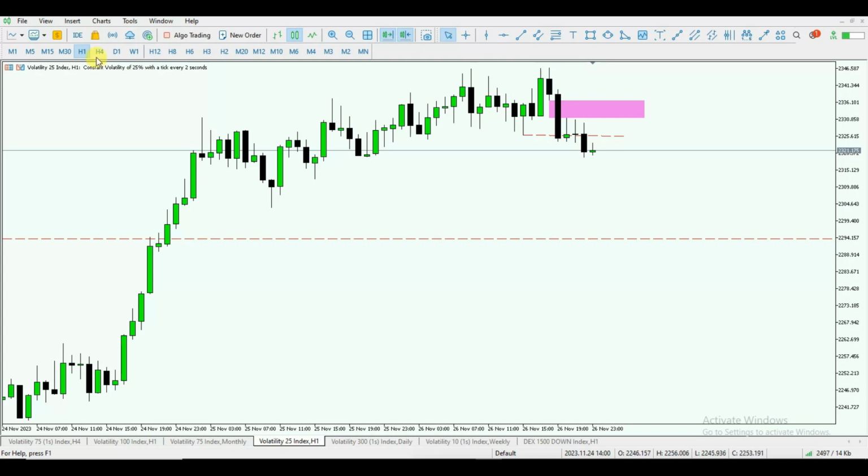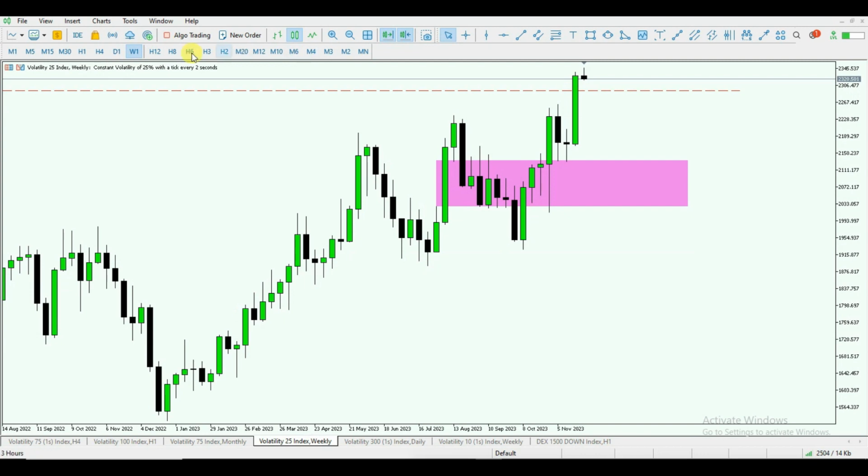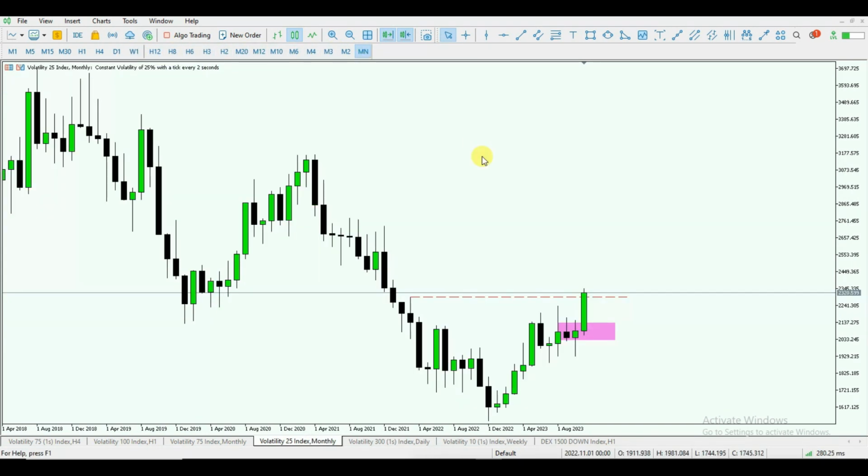So on the weekly, my opinion for the week is that we are looking for lower prices within this week, insofar as we've had price on the monthly time frame trading into this breaker. I'm looking for price to reject down.